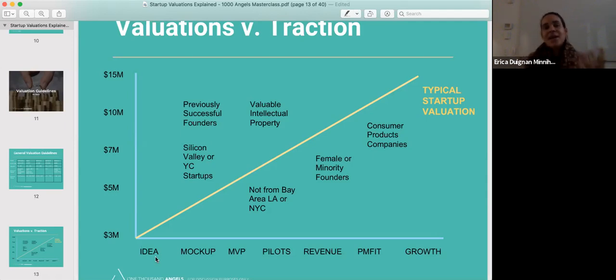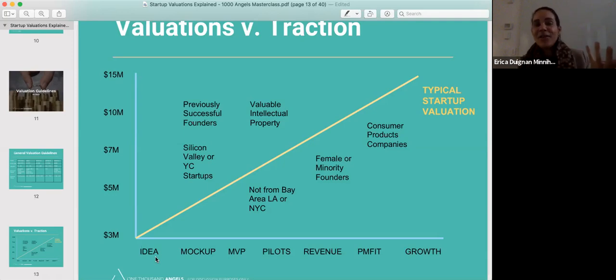So you can see that they would probably need to get all the way to product market fit to get a similar valuation to a YC minted startup, right? So they kind of need to prove a lot more to get to the same valuation. But for that reason, a lot of smart folks are really excited about investing more in women-led and minority-led startups because there is value there, right? So every time you're investing in something that's a little bit under that yellow line, that area is where we can generate alpha from a risk-adjusted return perspective.